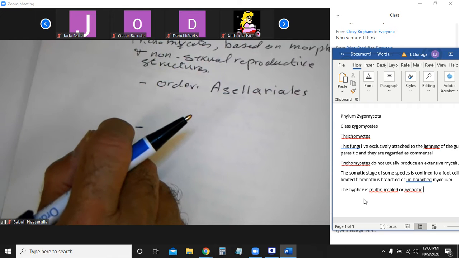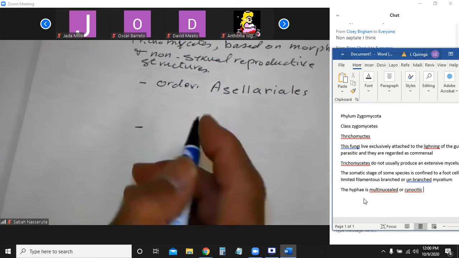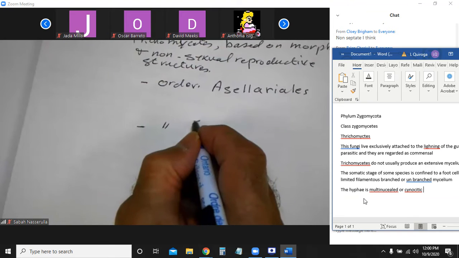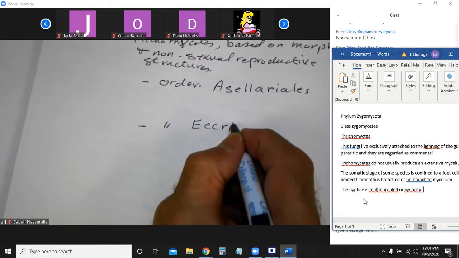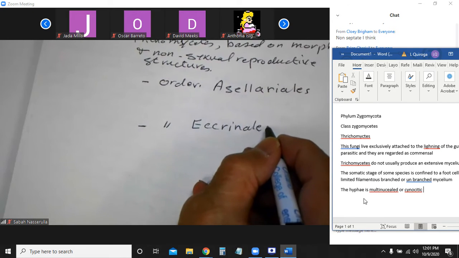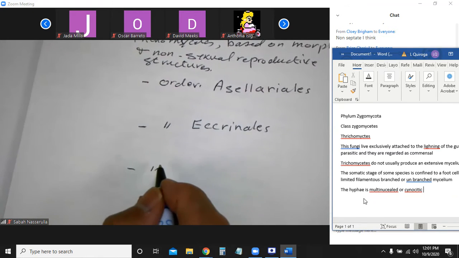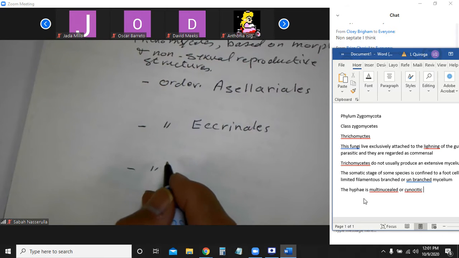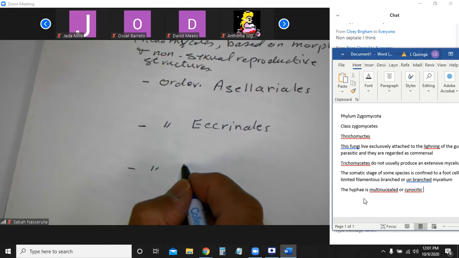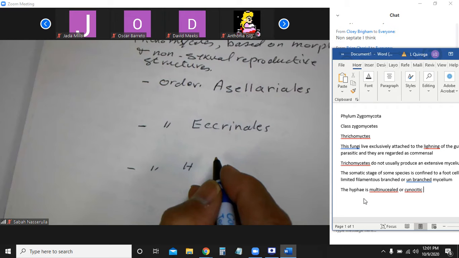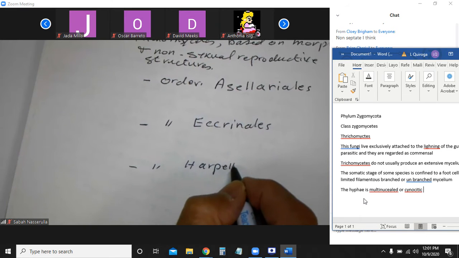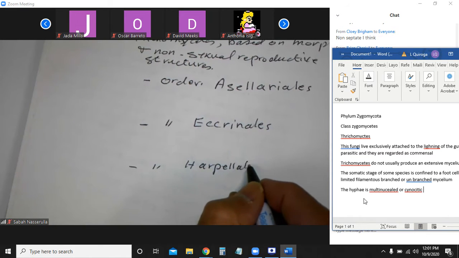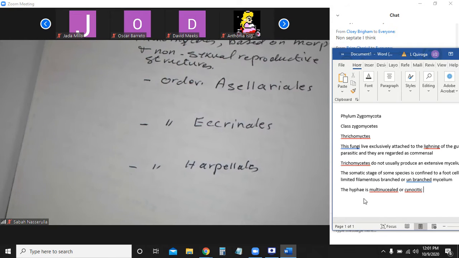And we have another order known as Exerinialis. And we have a third order known as Harpelialis. Okay, so these are the three orders here.